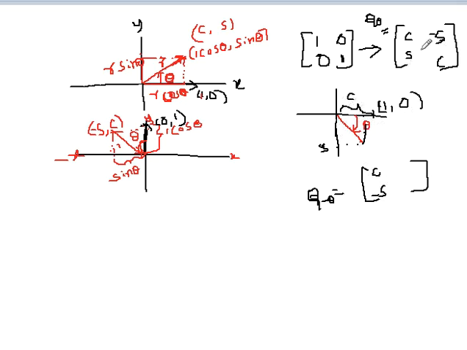Similarly, when the point (0, 1), which lies on the y-axis, is rotated by theta, the vertical one is c and the horizontal one is s, so this becomes s, c.